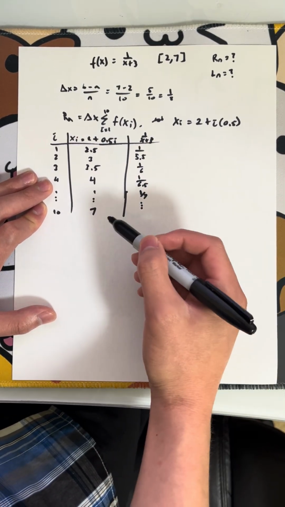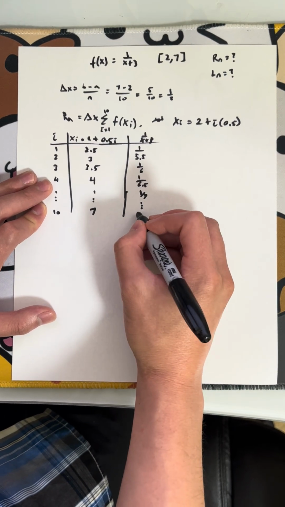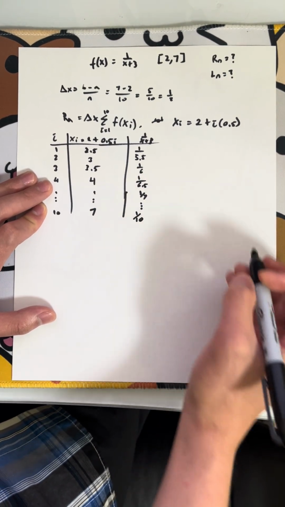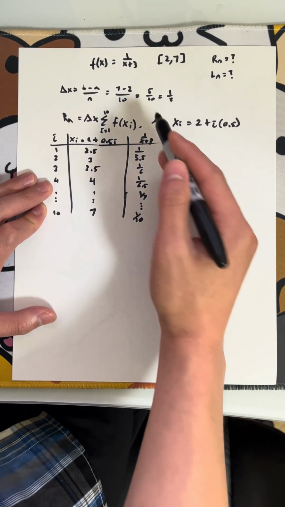That would be 1 over 7 plus 3, which is 10, so 1 over 10. And then what we want to do is add everything up to find the sum.